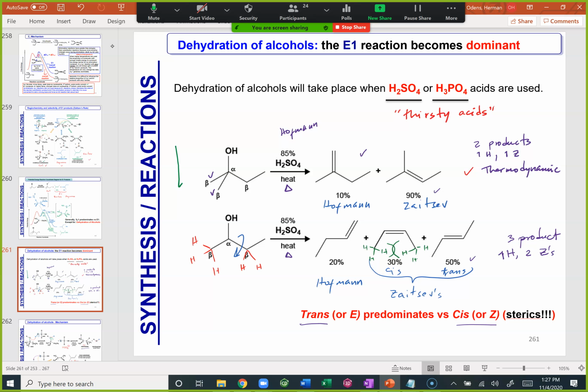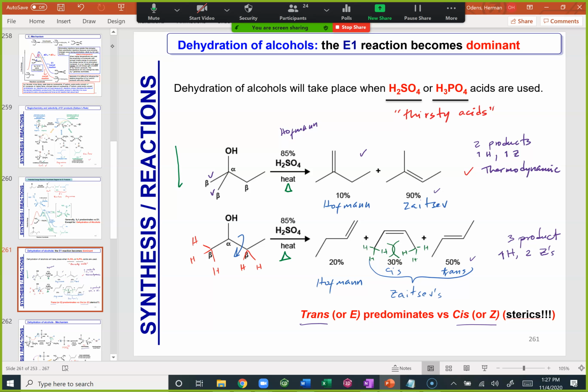So it doesn't matter if statistically you have 2 ways to grab those H's to form the Hofmann. But if you were to have a bulky base, low temperature, then that will favor the Hofmann. And statistically speaking, it will favor it even more because you have 2 ways of making it. But it's not the case here. The case is that this reaction, when it's heated, is driven thermodynamically. And so the Zaitsev will be the major product.